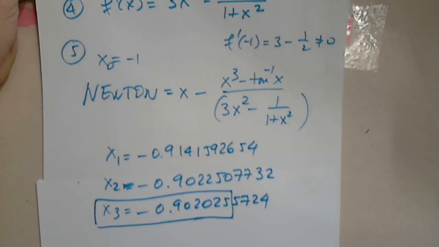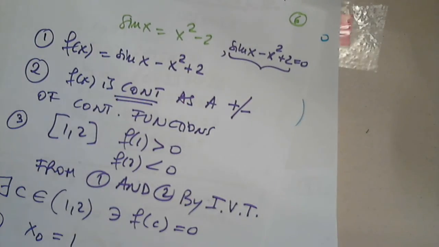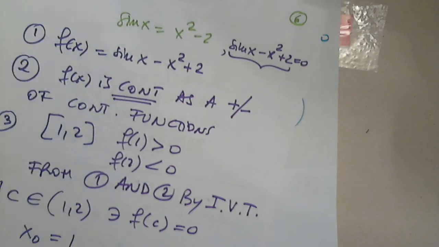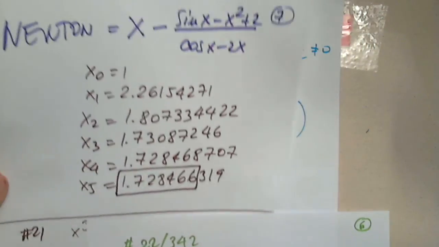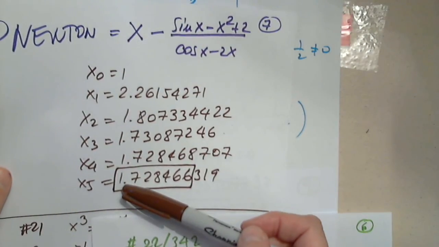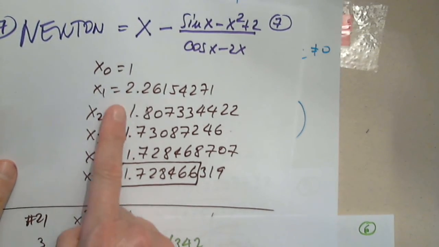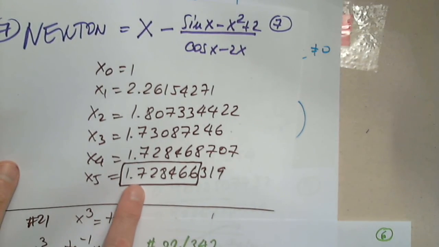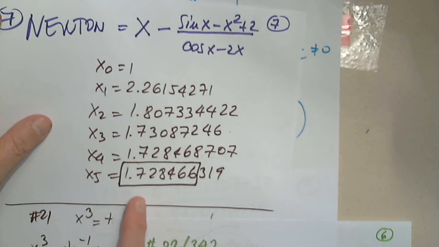So in the previous question, number 22, it wouldn't have made a difference if we started at 1 or 2? No. But as I said, the difference could be that we used 1 and I needed 5 steps. But if you start at 2, you're closer to the real solution, so you're not going to need 5 steps.